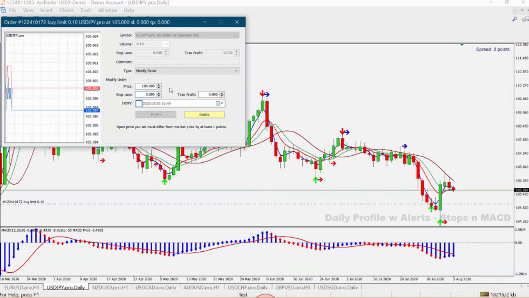I just type it in here. 104.000, and our take profit is going to be at 107.